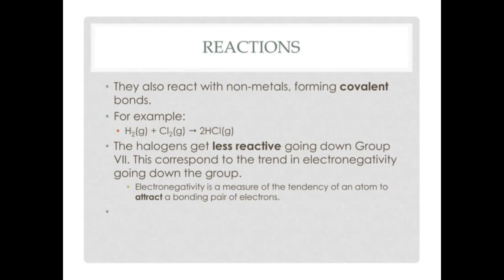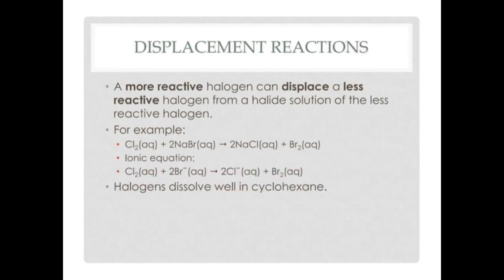They react with aluminium, for instance, to form a covalent compound. As you go down the group, the halogens get less reactive, since the electronegativity is decreasing.